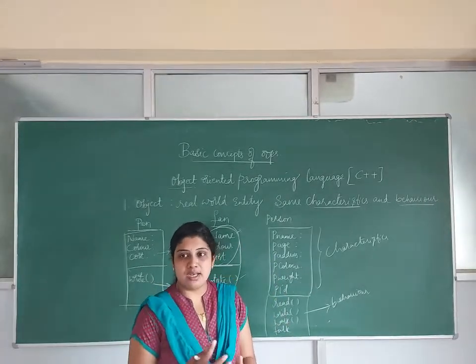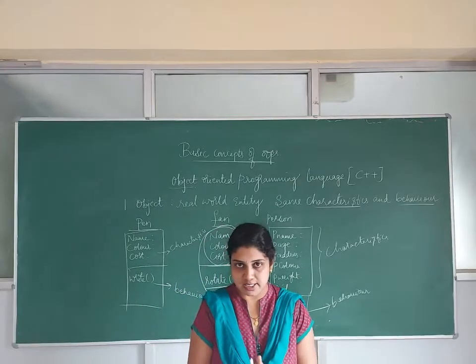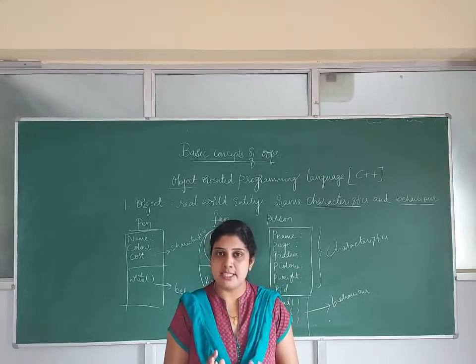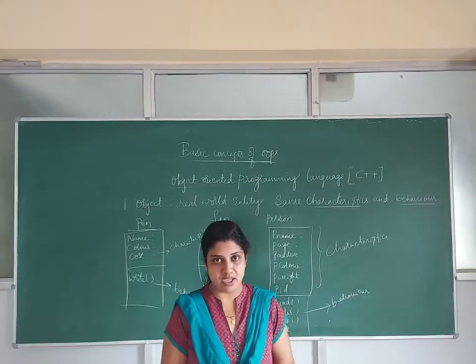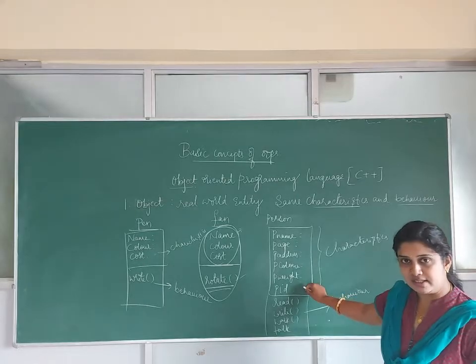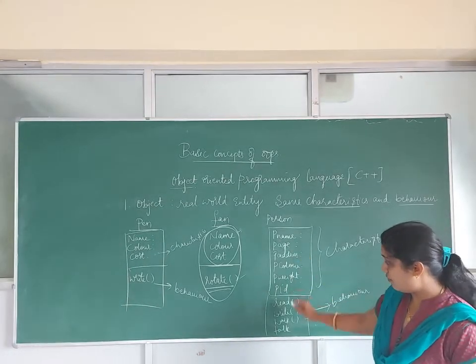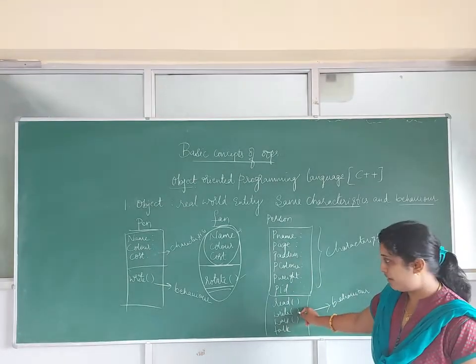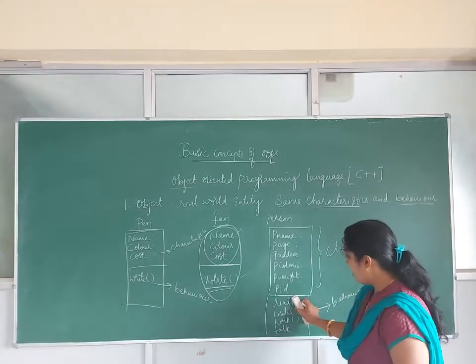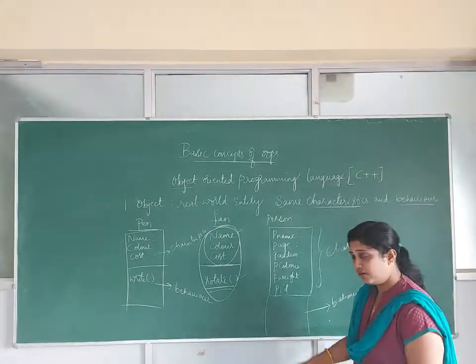While considering the characteristics and behavior, you have to take similar characteristics or behavior. Consider here I have taken some characteristics. So, what is the function? Instead of read, write, walk, talk, I cannot take rotate.